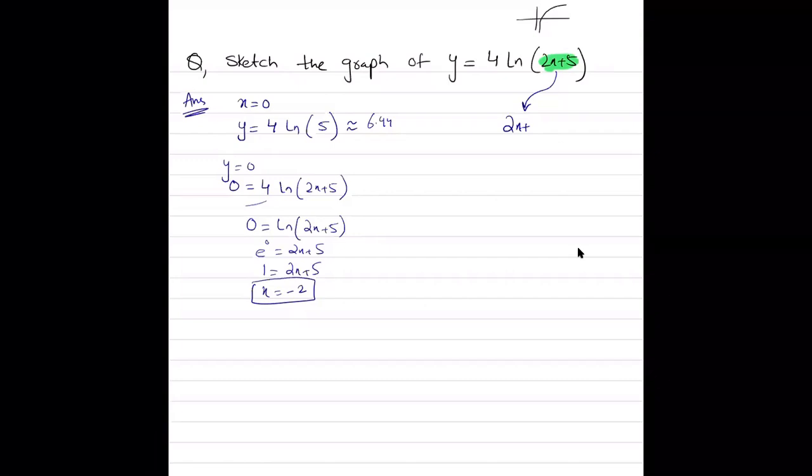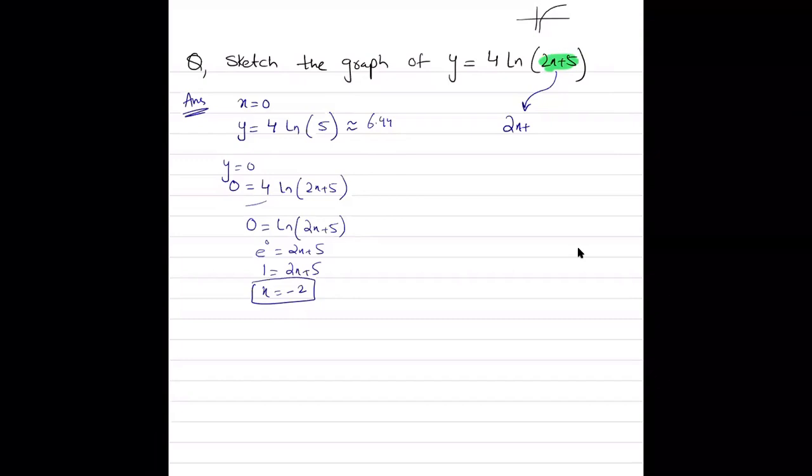So based on this information, I'm going to sketch my graph. I know that the asymptote line is going to be occurring at minus 5 upon 2, which is this point.